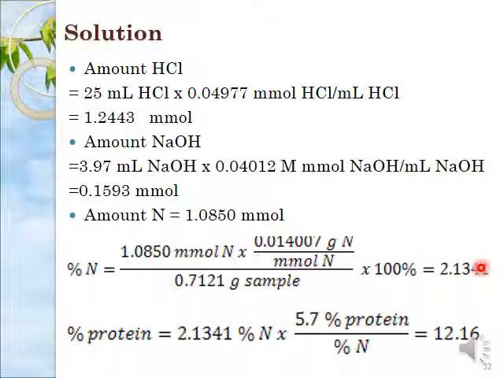But the question is asking for protein, and remember this is flour, a wheat type, so the factor is 5.7. So 2.1341 times 5.7, and you get the percentage of protein here.